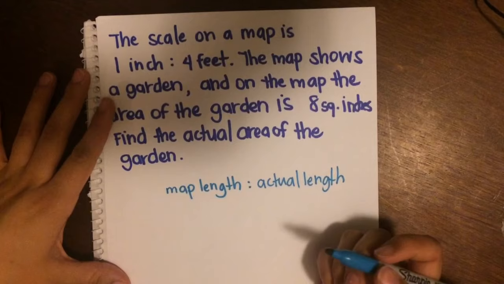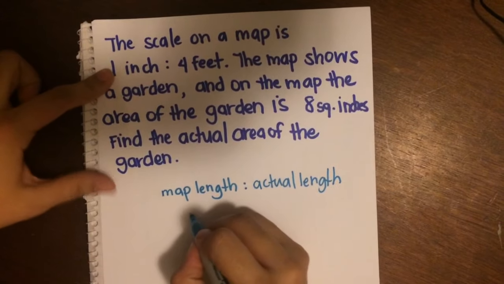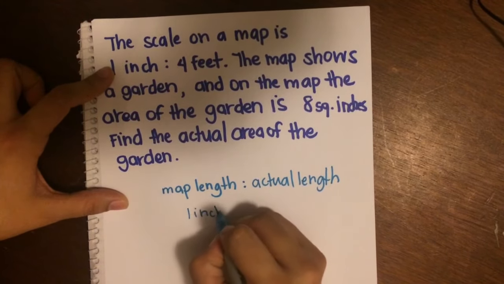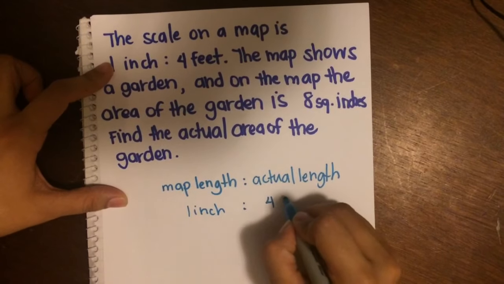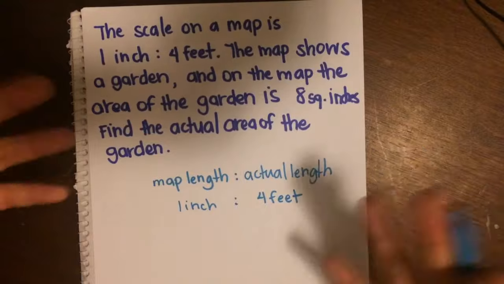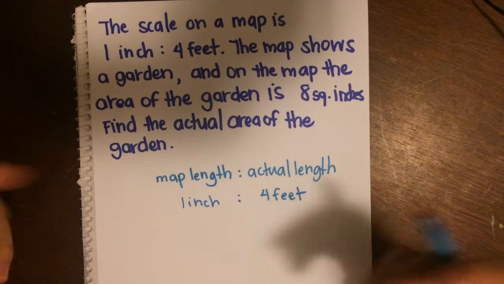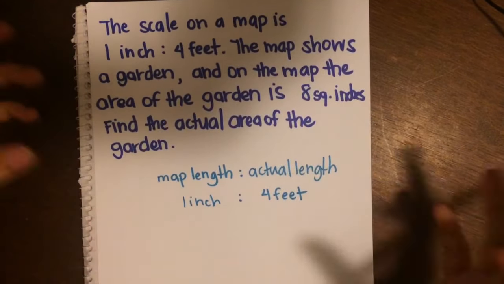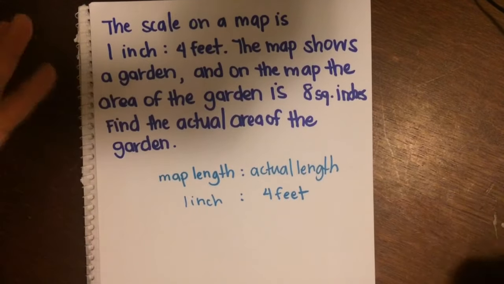All right, so if we're looking at this, our map length was 1 inch and our actual length was 4 feet. Now we know that with area, you have to square it. So we're going to square both of these in order to get an area for this part right here.